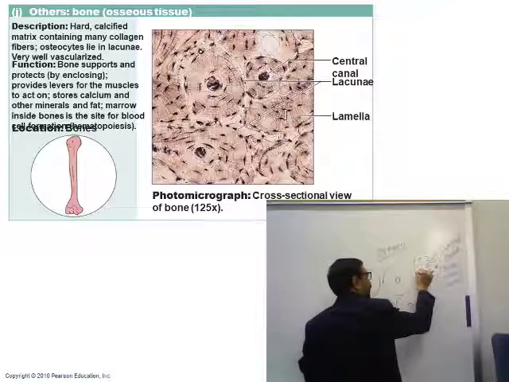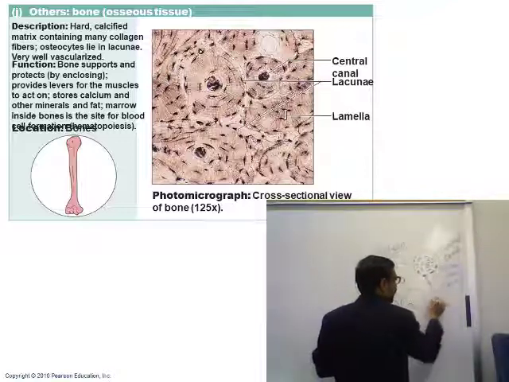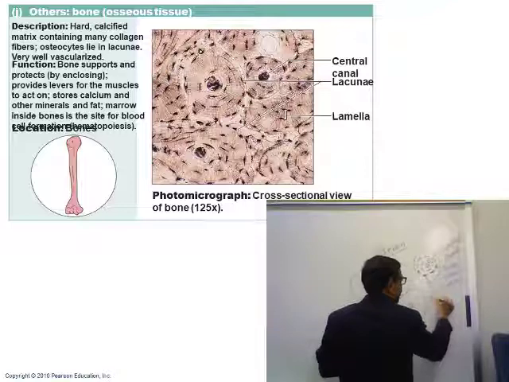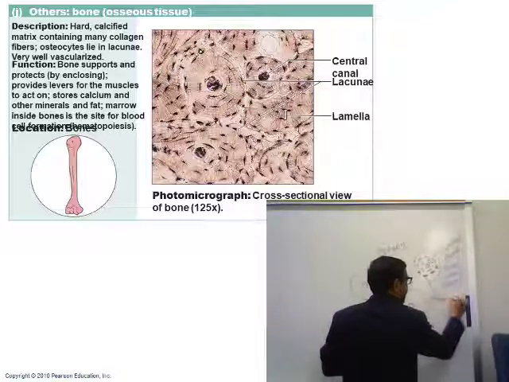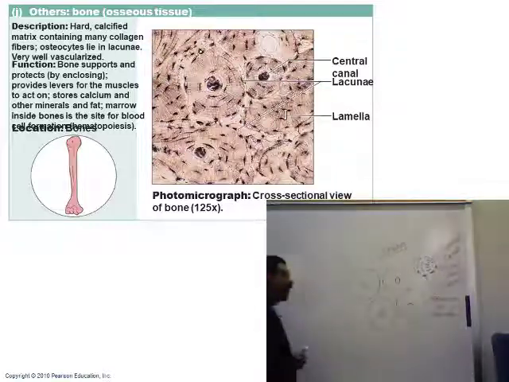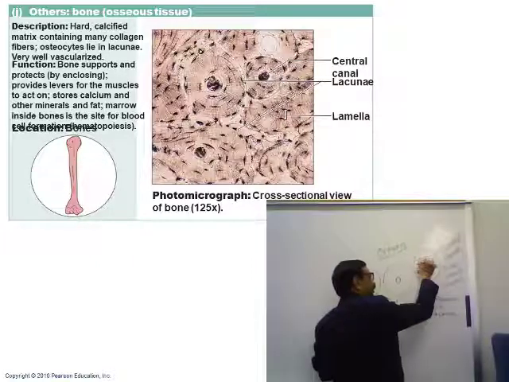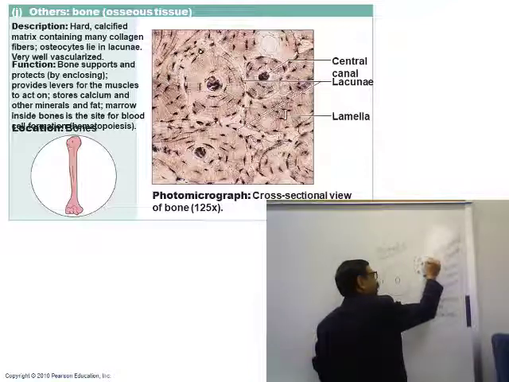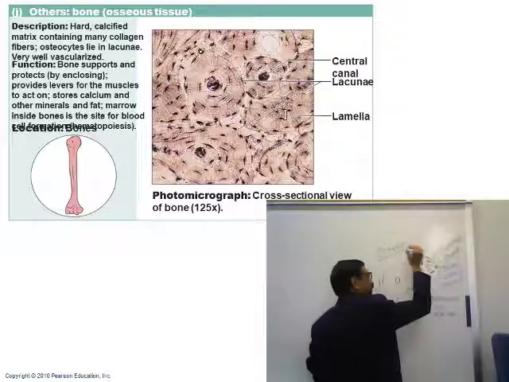Osteocytes look like tiny spiders with many legs. So now I can say osteocyte within lacunae. So all these lacunae have osteocytes inside, bone cells.